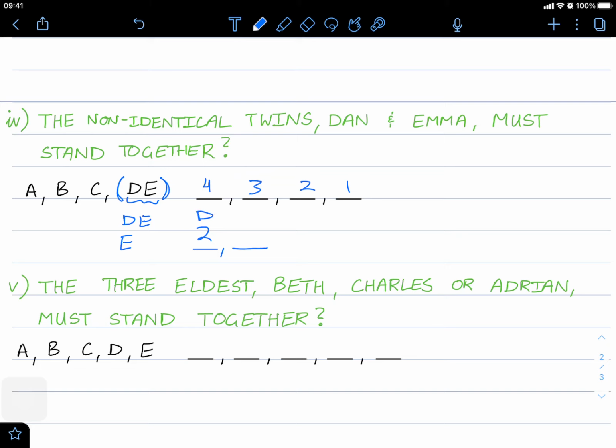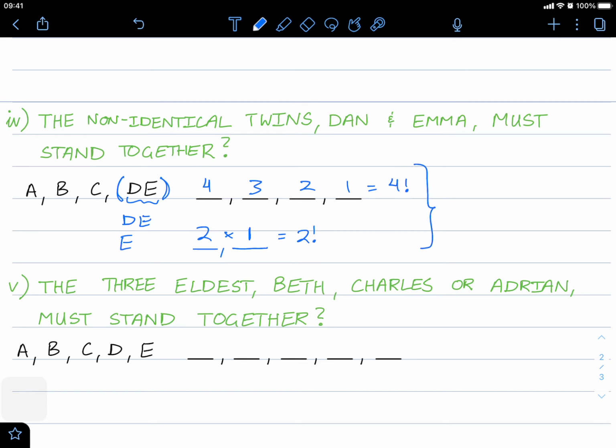Let's pretend it's Dan. How many people are left for between the twins? Well, there's 1. That's 2 factorial. And this is 4 factorial. So what this means is, no matter where we put Dan and Emma in this first slot, we could further switch them around and they're still standing together.